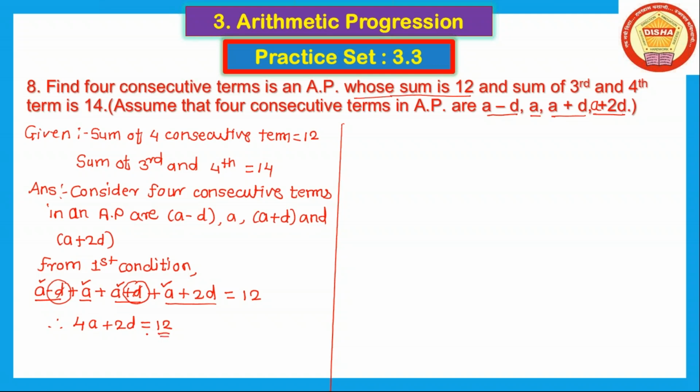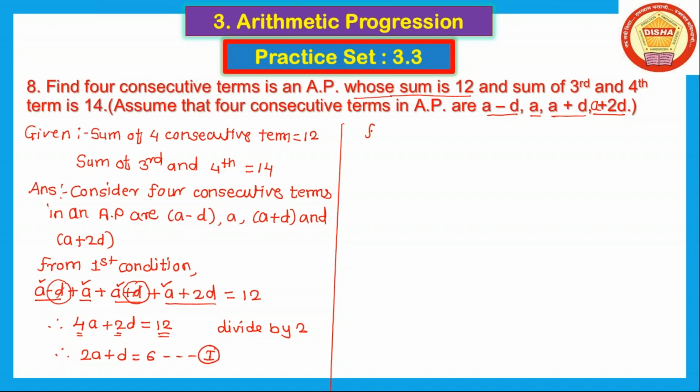The coefficients present in the equation are multiples of 2, so for simplification we divide by 2. Then we get 2a plus d is equal to 6. This is our first equation from the first condition.